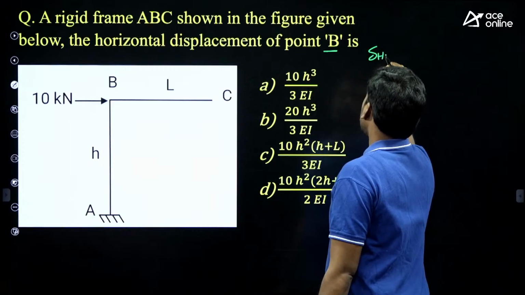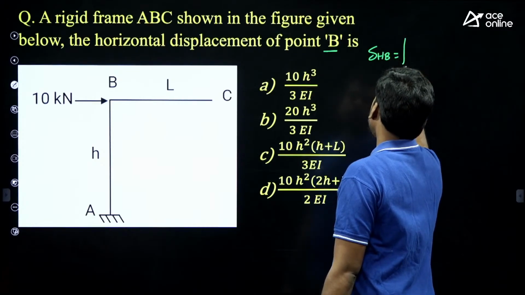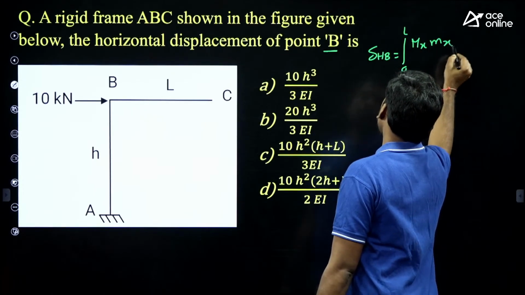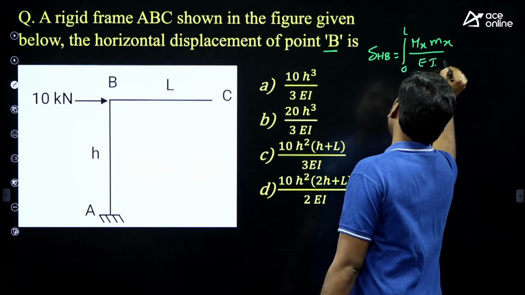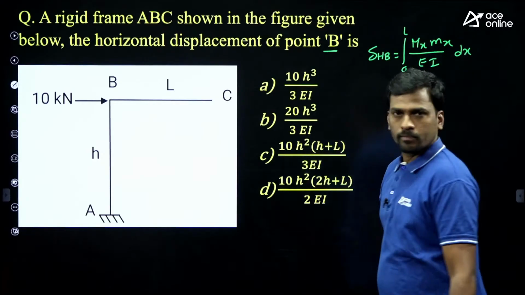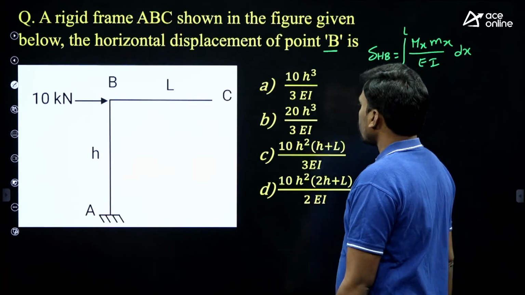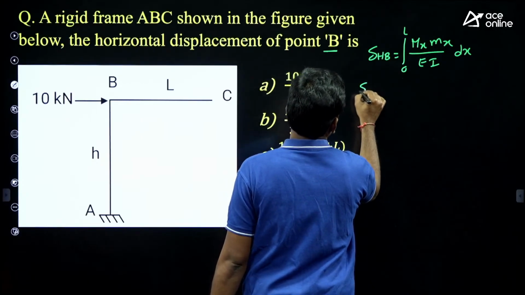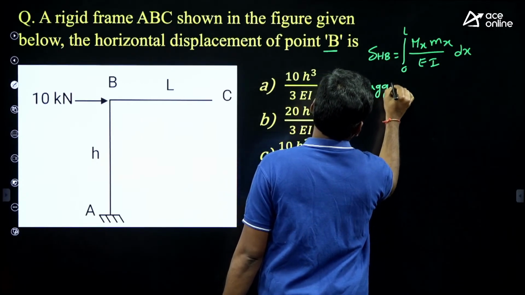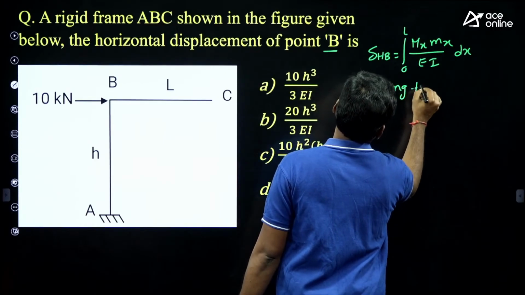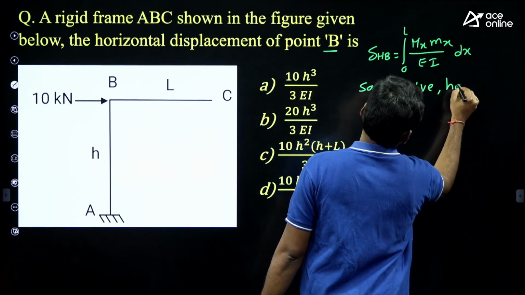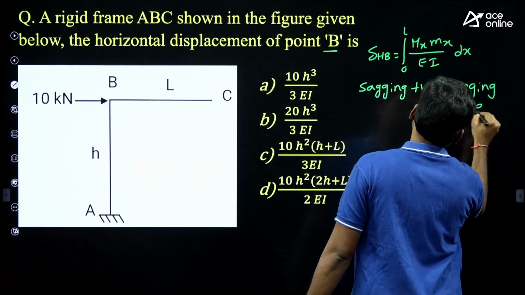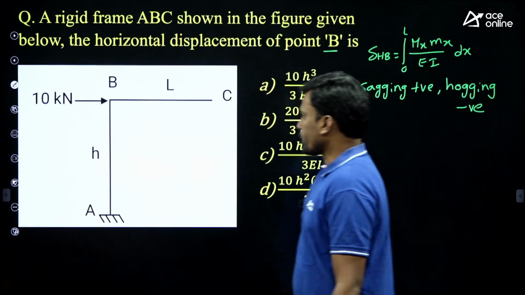The horizontal deflection is the integration from 0 to L of capital Mx small mx by EI dx. First, can you find the capital Mx value? And what sign conventions do we have to use? Sagging positive and hogging negative.